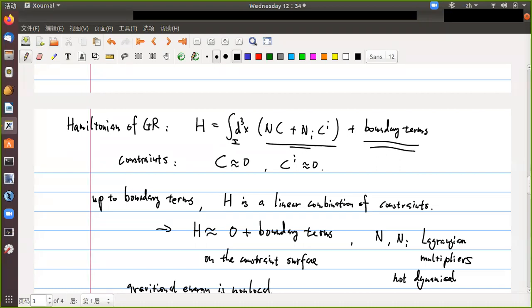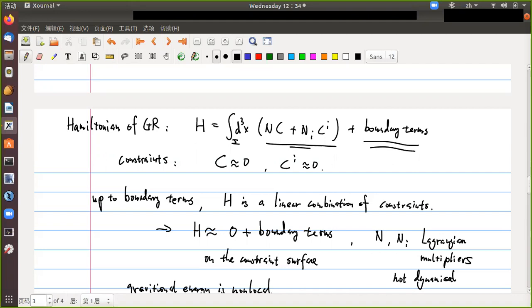Yeah, energy is definitely dependent on the choice of time, right? When we talk about black holes or any other models, and when we talk about energy, we always need to specify the time.